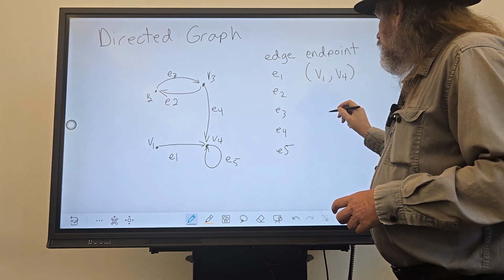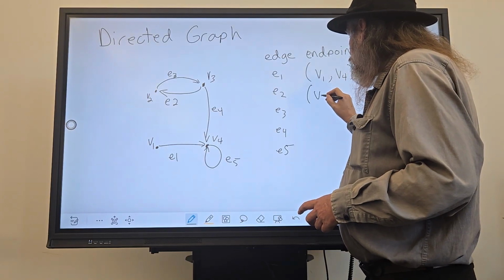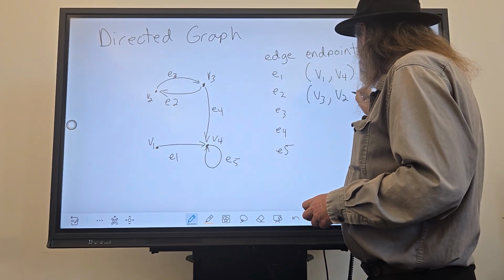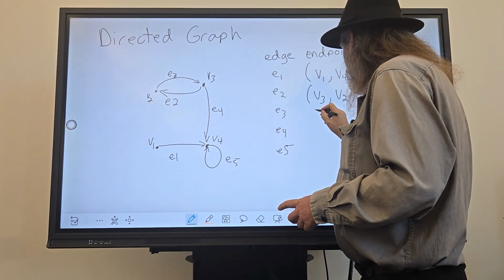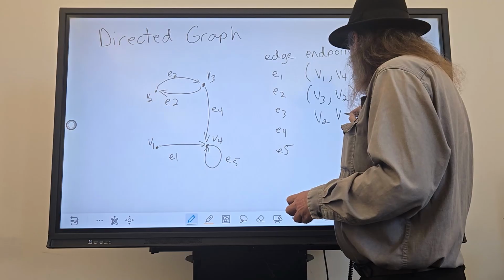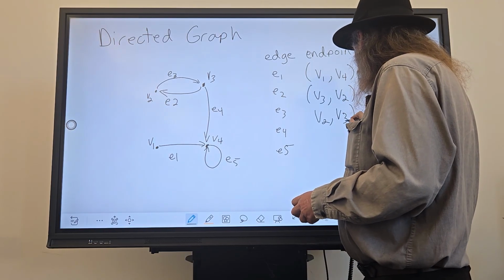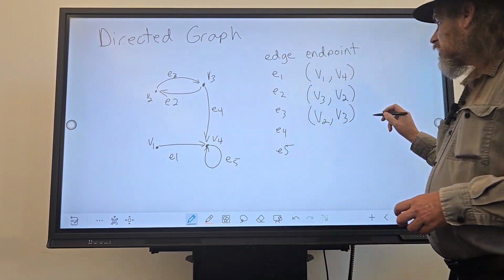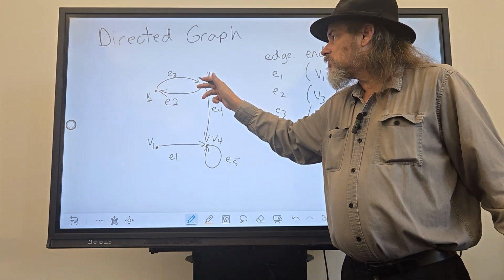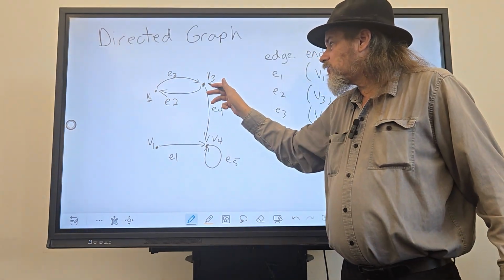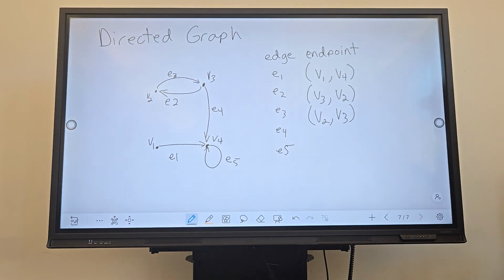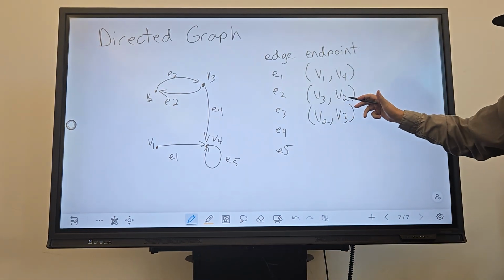E2 is V3 to V2. And E3 is V2 to V3. Because they are pointing in different directions, they are not parallel. The ordered pairs are different.